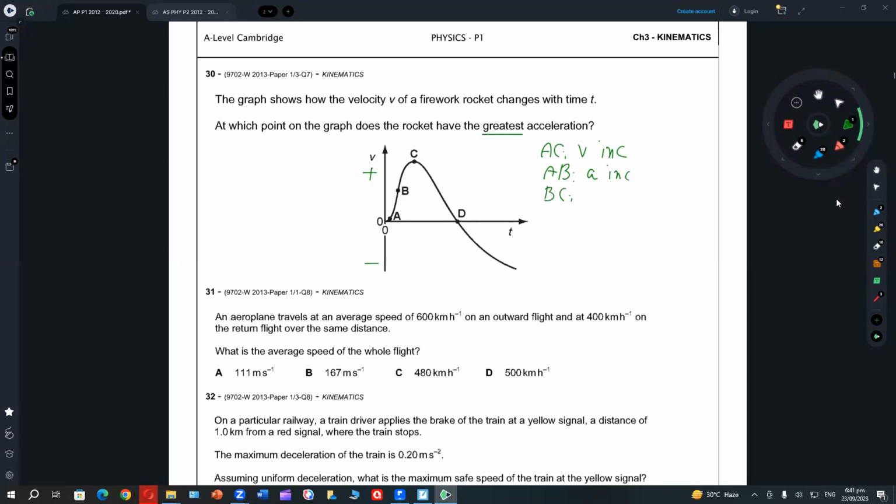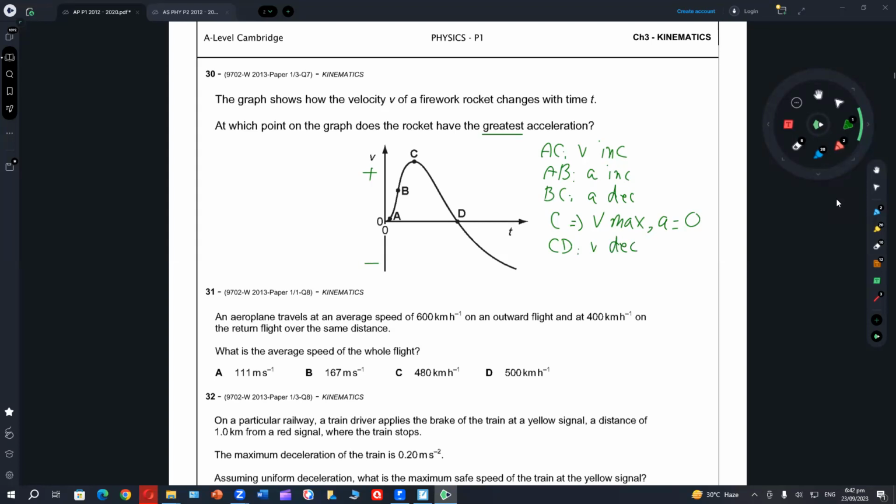B to C, acceleration decreases. What happens at C? Acceleration becomes 0. Yes, very good. Velocity is maximum, acceleration is 0. Now, C to D. C to D, the line is going downward, so velocity is decreasing. Am I right?